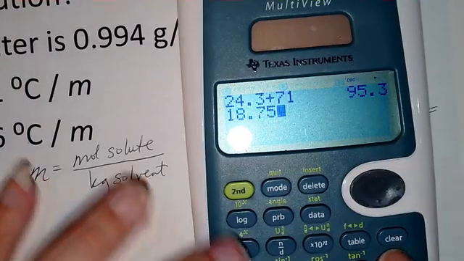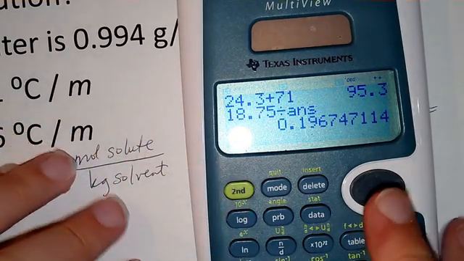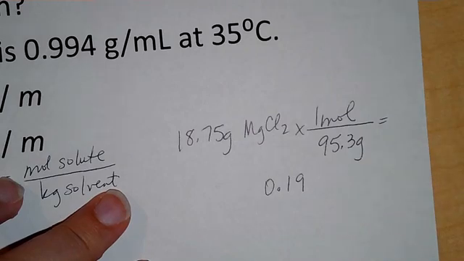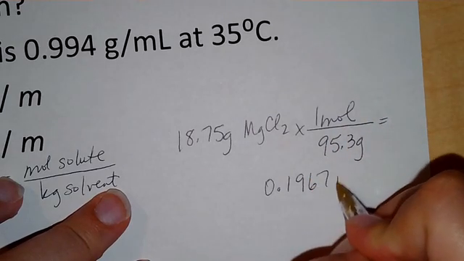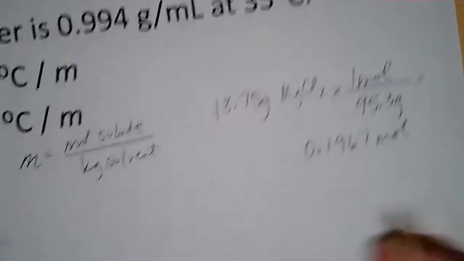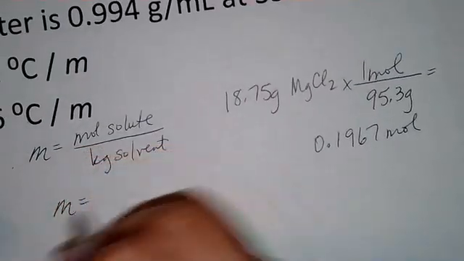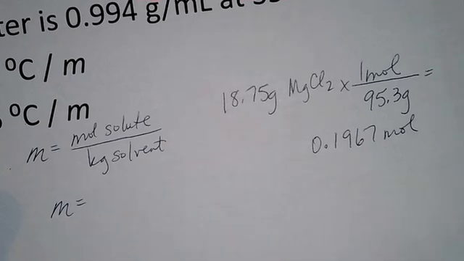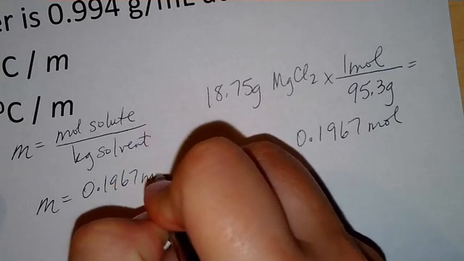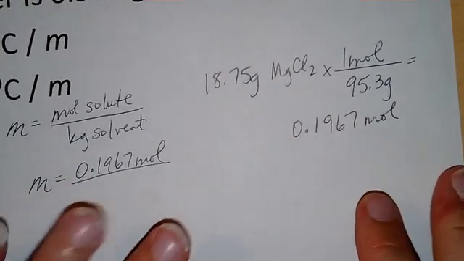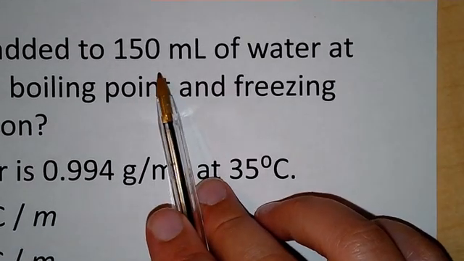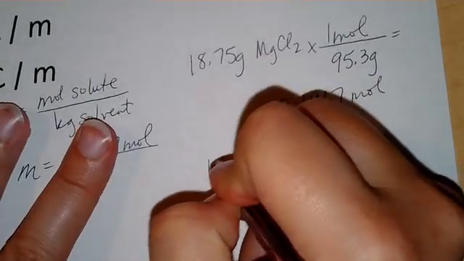All right, then to define molality, we're going to put that over our kilograms. So 0.1967 moles. Let's find our kilograms, because for our water we were given 150 mL. So 150 mL. We're going to use our density value to turn that into grams. Then we can turn the grams into kilograms. So we're going to multiply by our density.